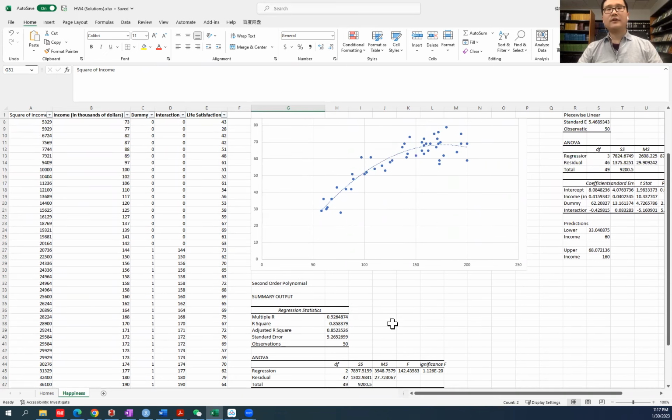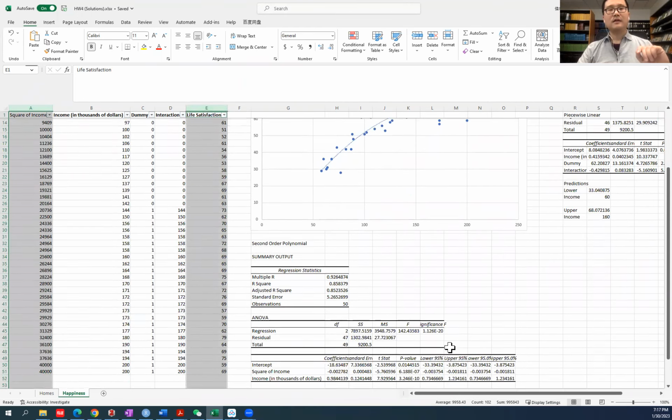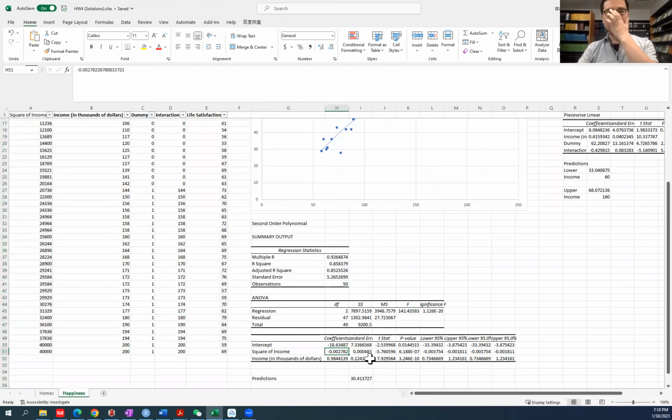We could use a plot of square income as horizontal axis and life satisfaction as the vertical axis to have some preliminary understanding of what the sign of square income would be in the regression model. But it doesn't provide essential meaning. The sign could be different than what we observe from the plot, sorry.